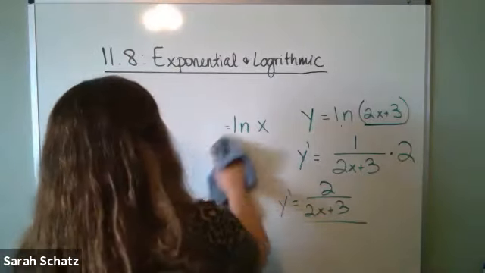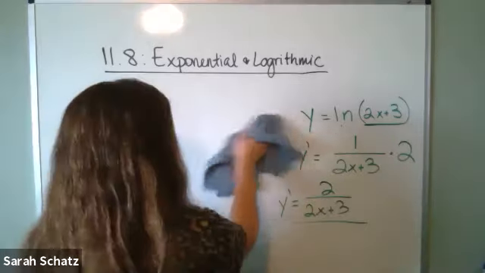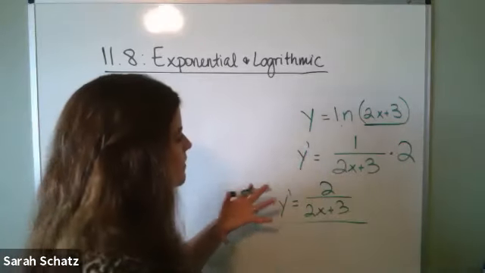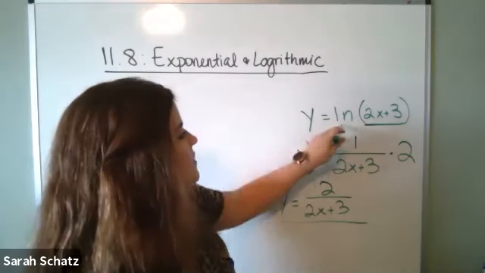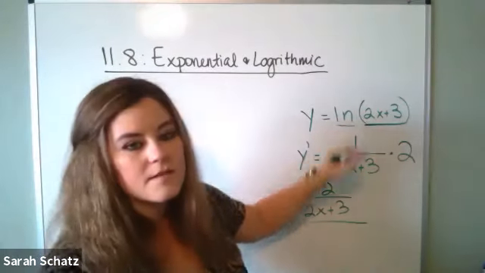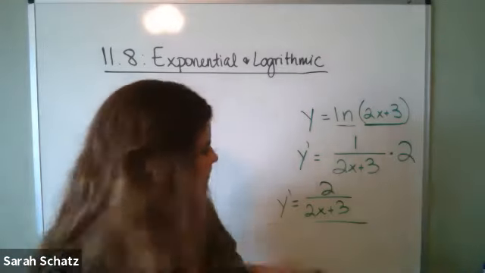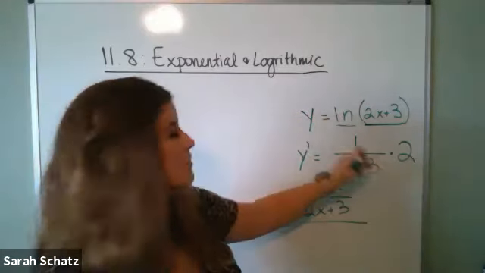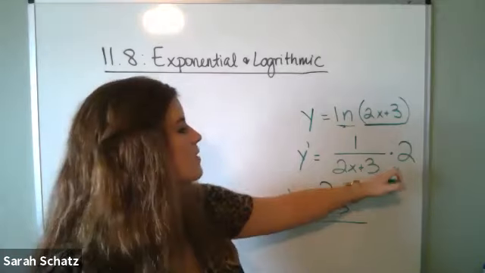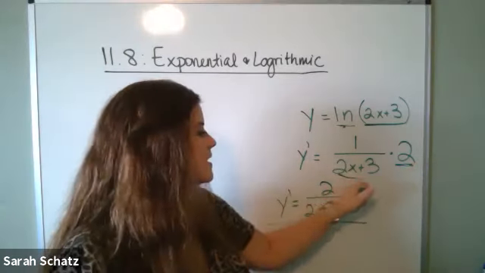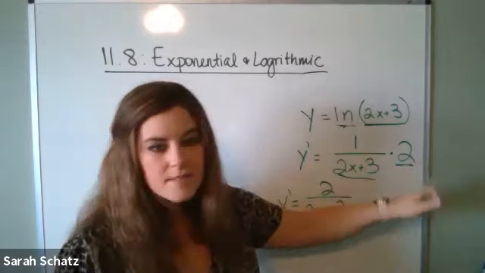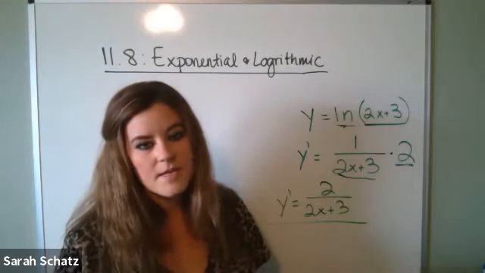But what's nice about it is it doesn't change. Even though the outside function is changing, even though this is now natural log instead of just some basic power rule, once you do the rule for this outside function, remember your chain rule is always the same. It's always take the derivative of the inside and stick it on the end. Every time you do that same thing.